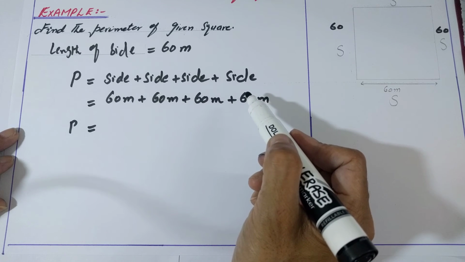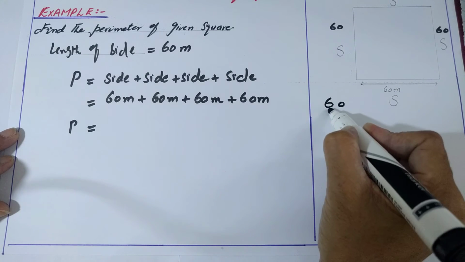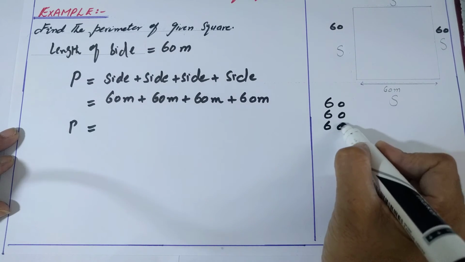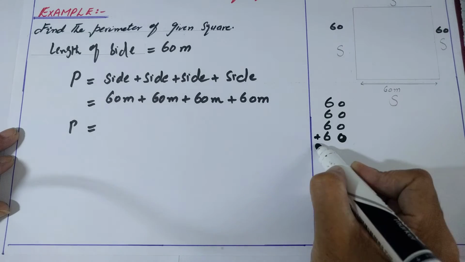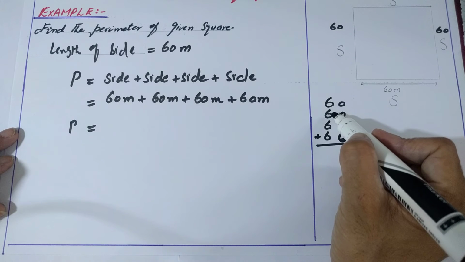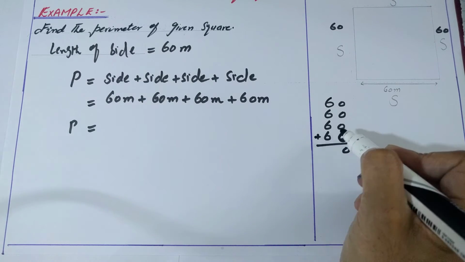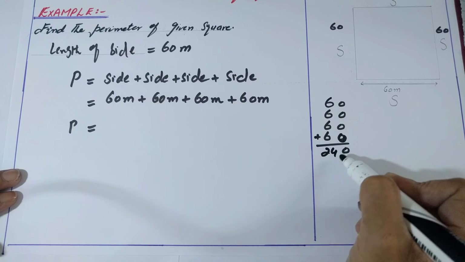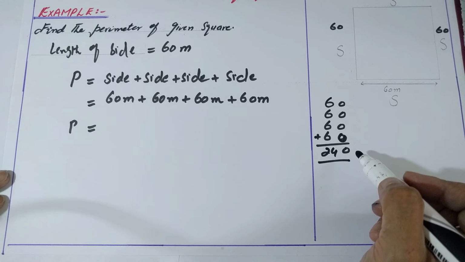How can you calculate the total? You can add the 60 four times like this, if you cannot calculate it directly. 0, 6 plus 6, 12, 12 plus 6, 18, 18 plus 6, 24. So total answer is 240.